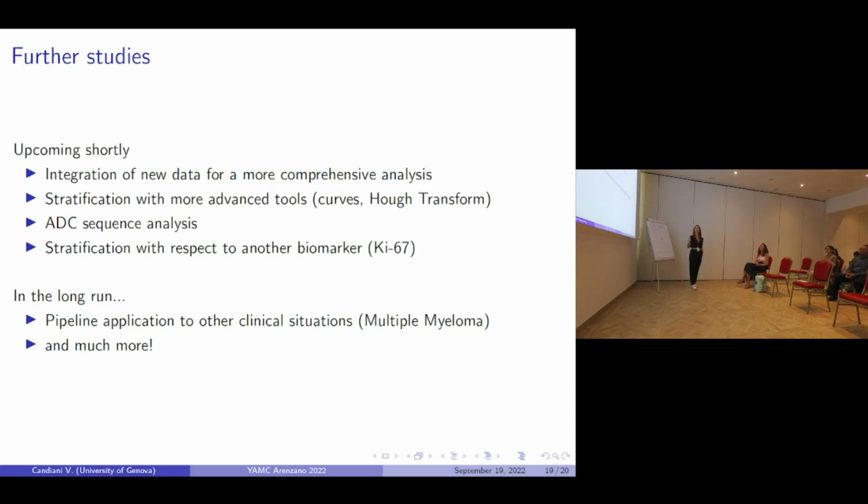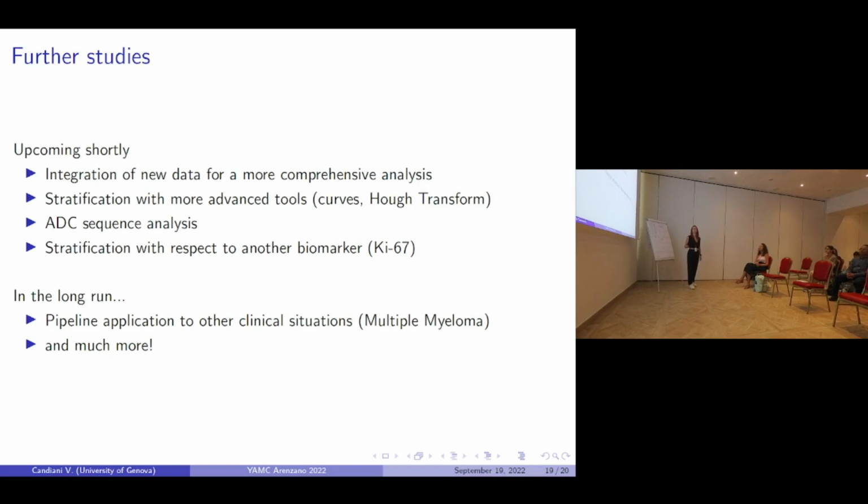Finally, just some further studies, upcoming shortly, in a hopeful way. We would like to integrate this new data that should arrive soon, stratification with more advanced tools. This is something that we should be able to do in a short time, in the sense that this is just same patients, same pictures, but with a different acquisition sequence.